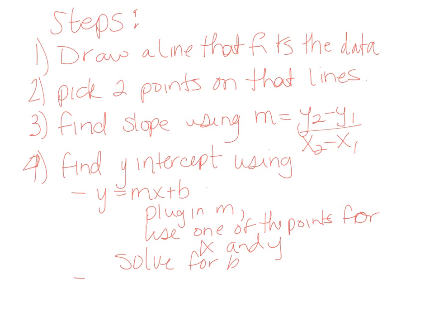You can also use point-slope form, which is y minus y1 equals m times x minus x1. Same thing, you use m, and one of the points plugs in for x1 and y1. You may be more familiar with this, and then you get y by itself. This is not a negative, this is like a point. And then you write your equation, step 5.